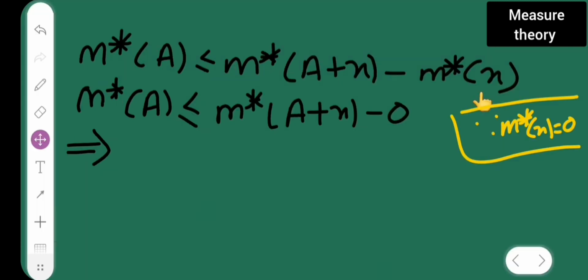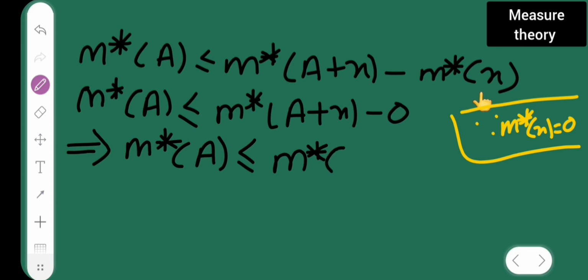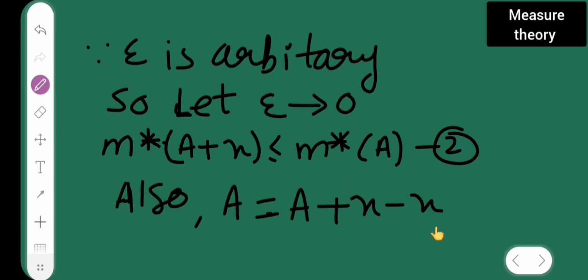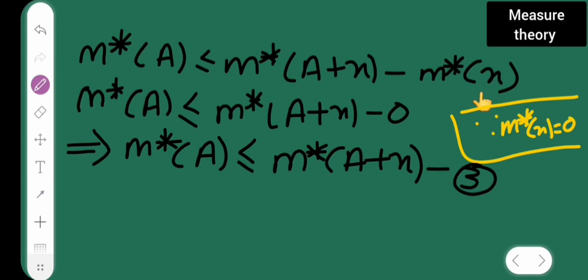Now this implies m star of A, that is the outer measure of A, is less than or equal to the outer measure of A plus x, and take this as third one. Which one was the second one? Here it is the second one, here it is the third one, right?